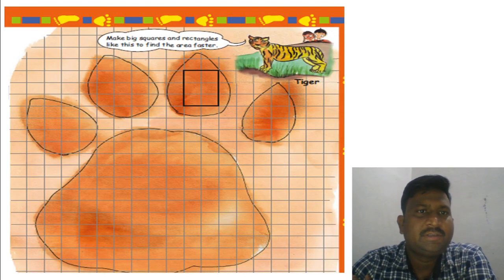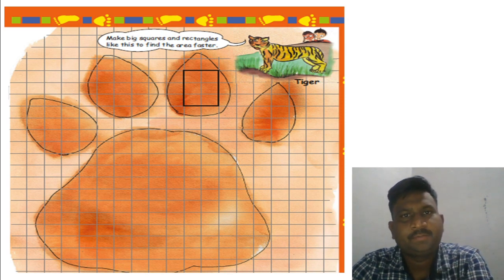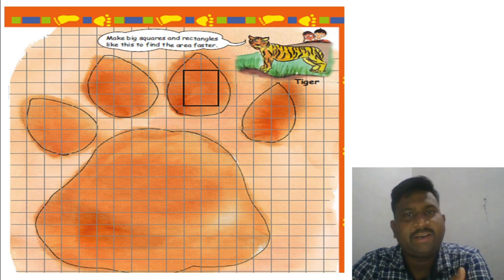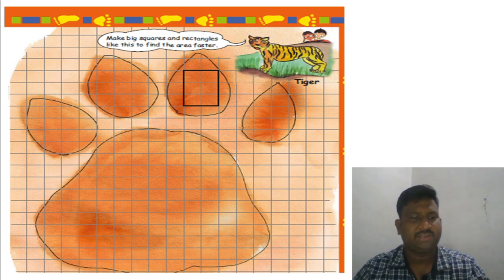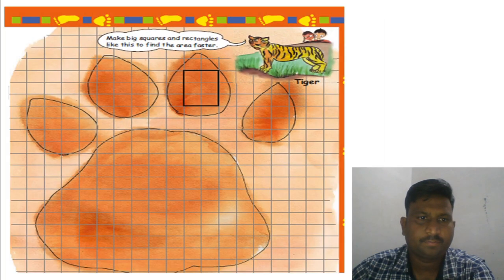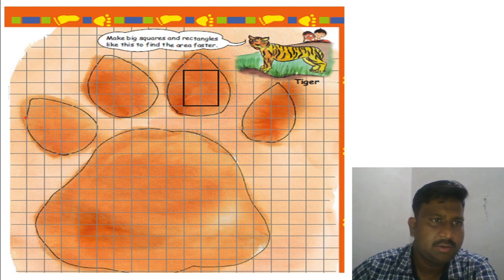Now see, this is the footprint of a tiger. How many square centimeters is the area of this footprint? For this purpose, I can count complete squares and tell this fast. So let us see how I can count the complete squares. Start from here.